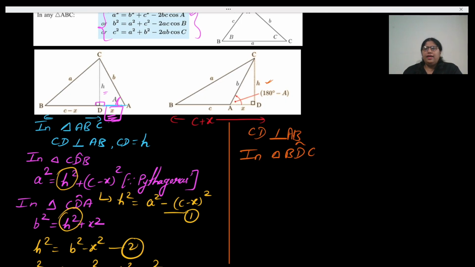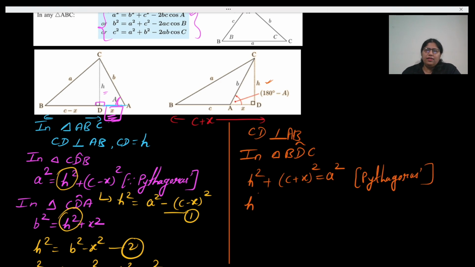So let us take Pythagoras theorem in triangle BDC. I can take it here: h square plus (c plus x) whole square is equal to a square, right? This is again Pythagoras theorem you are using. Now here again I need the value in terms of h square, because you are going to simplify this. See, earlier you got c minus x, here you are getting c plus x, but you will reach the same result.